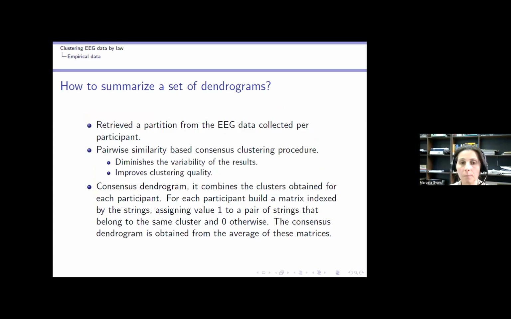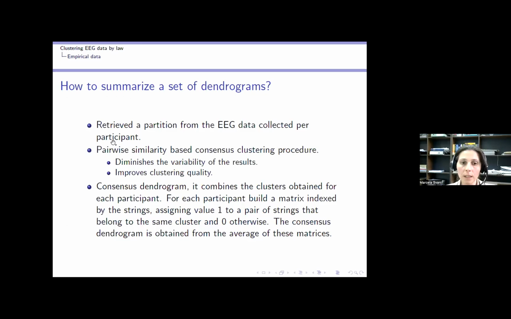sample for each participant. As noted before, this data presents a very large intra-individual variability. So it's not a good strategy to put all the samples together from different participants. It's wiser to cluster each participant separately and then have a consensus strategy to organize all that information.